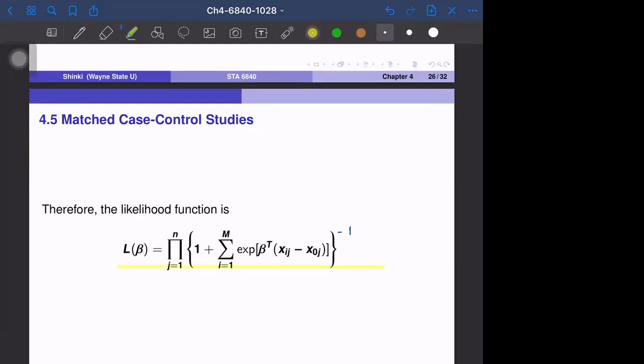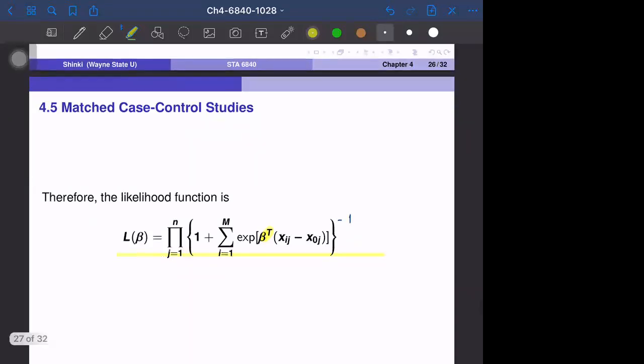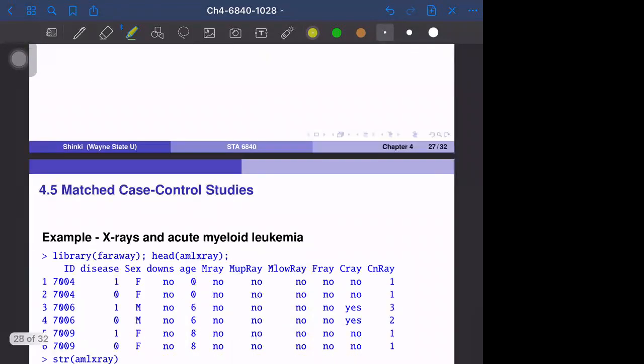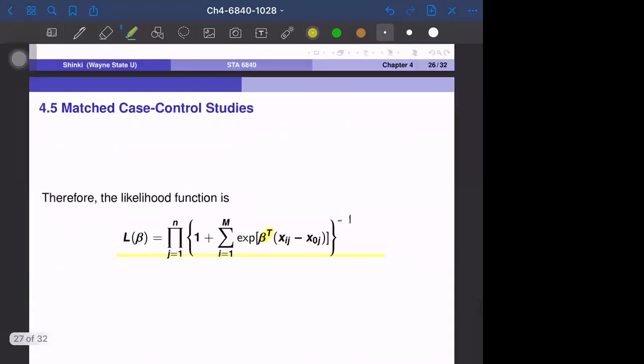It's slightly modified. This is a function of beta, so we have to maximize this function with respect to beta. That is the estimation method. So this is the basic theory for the estimation for matched case-control studies.